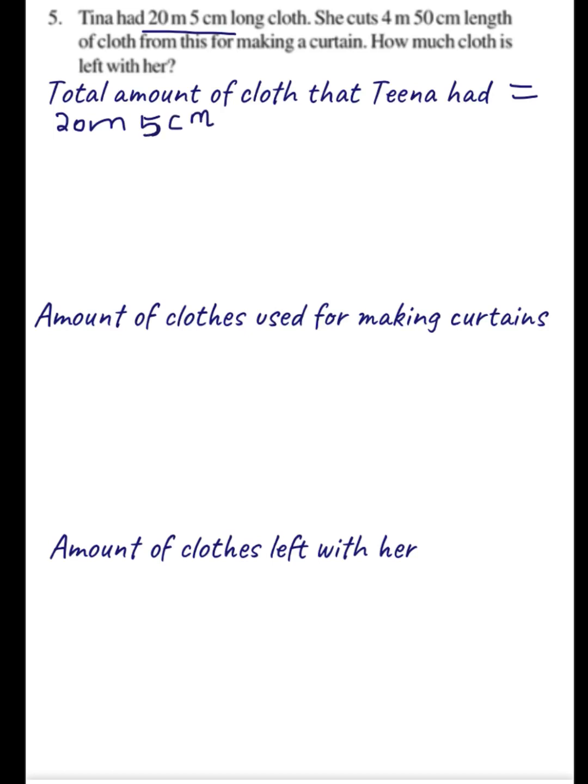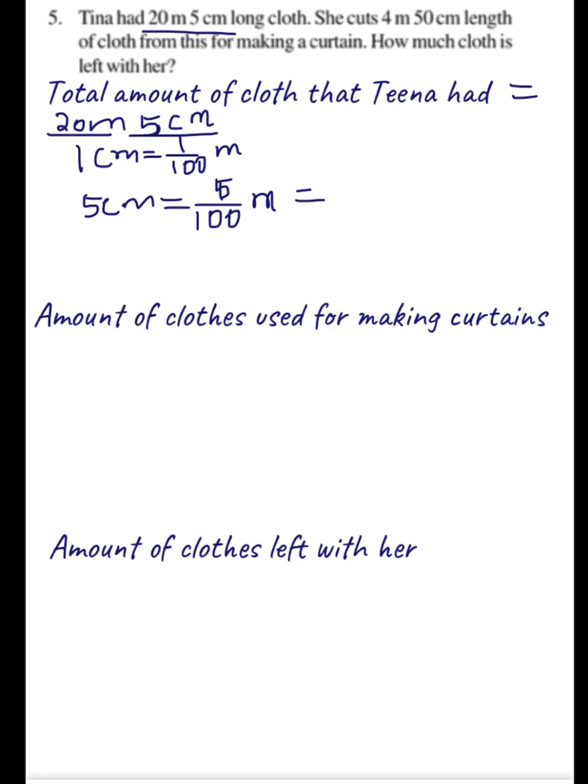So now let's convert this 20 meter 5 centimeter to meter first. And you know that 1 centimeter is equal to 1 by 100 meter. Here 20 is already in meters, so no need of converting it. So 5 centimeter will be equal to 5 by 100 meter. And you know that 5 by 100 meter means what?